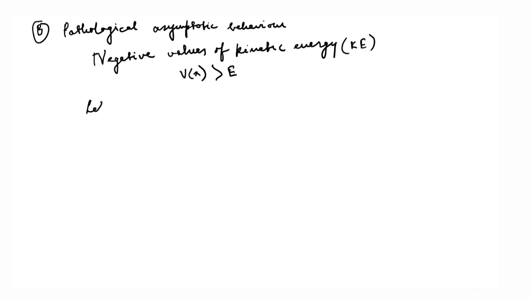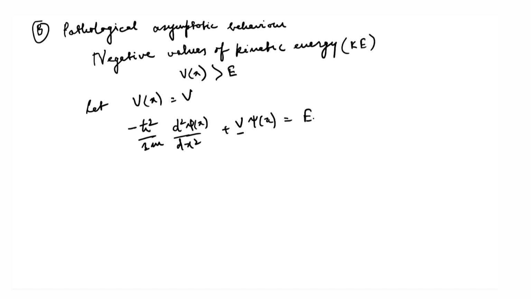Let us assume that my potential V(x) is a constant, V. So my Schrodinger equation is minus h bar squared by 2m d2 psi(x)/dx2 plus V psi(x) equals E psi(x).